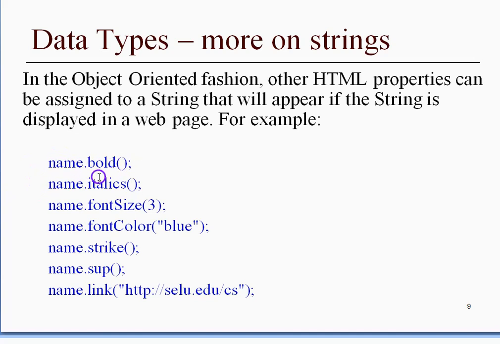This will display it, render it in bold. This will render it in italics. This will render it in font size 3. This will render it in blue, strike through, superscript, or it will link it to this URL.